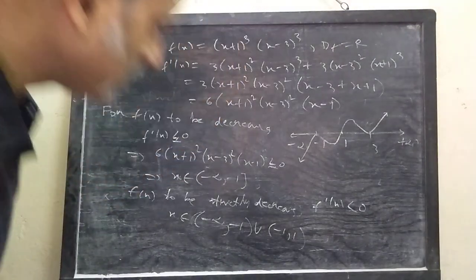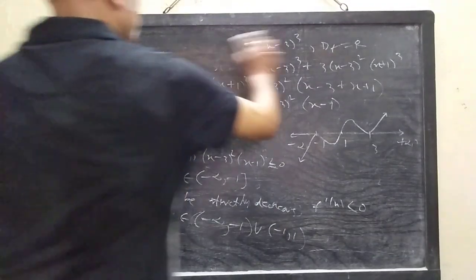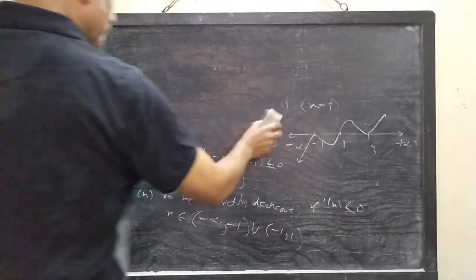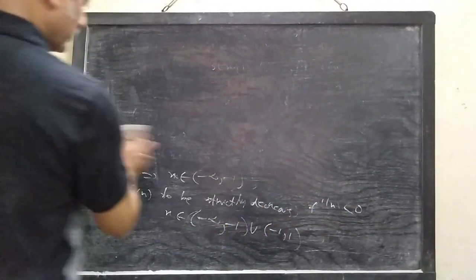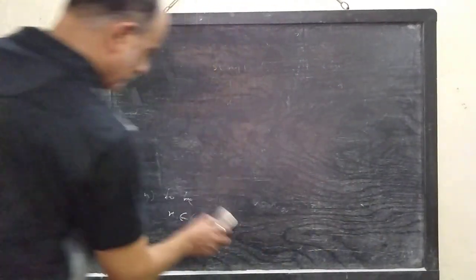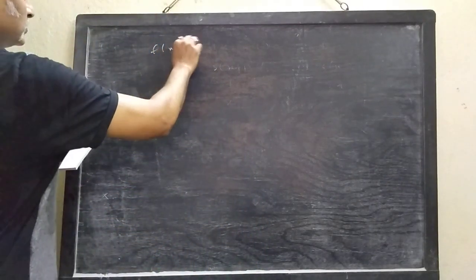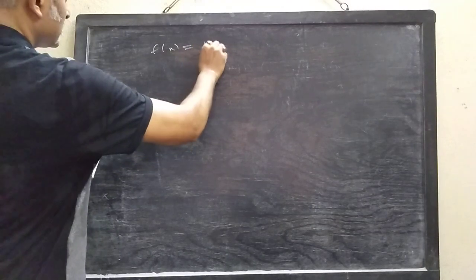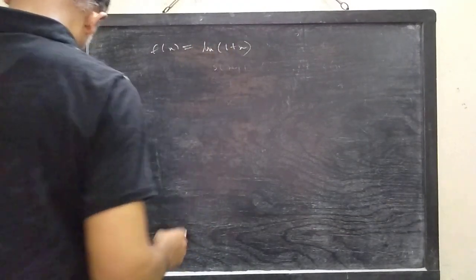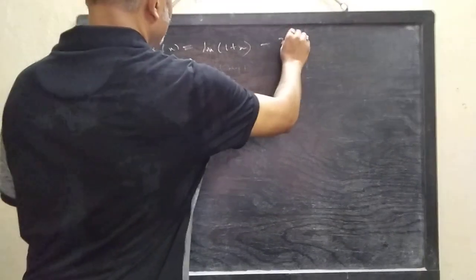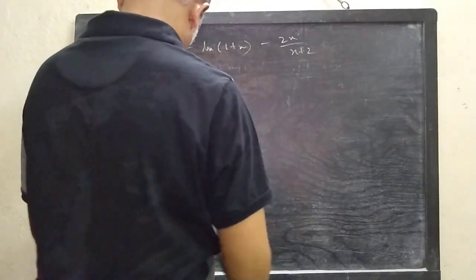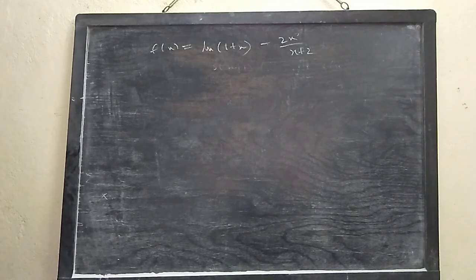Next, let us consider the problem. f(x) equals ln of 1 plus x minus 2x by x plus 2. Our duty is to first find Df, the domain of the function.